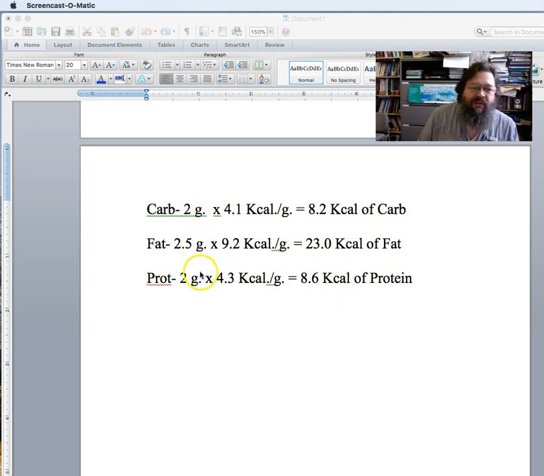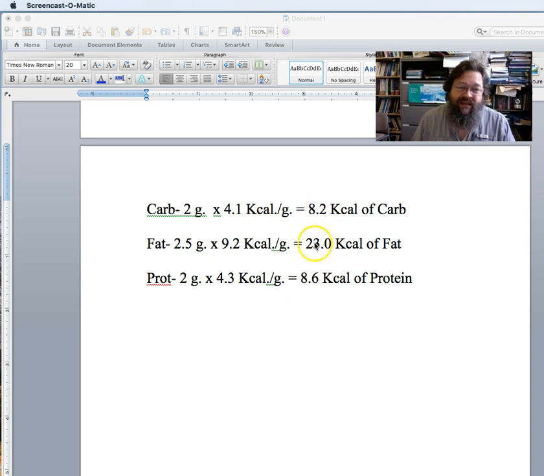Notice how different it looks when you look at grams versus when you look at kilocalories. Kilocalories, the real measure of energy, makes it clear just how important fat is in contributing to the total number of calories. But what we want is a percentage.